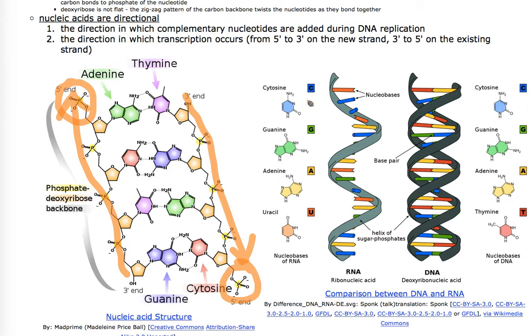The RNA molecule here is different than the DNA in that it's single-stranded, and this backbone here that's got a different color has ribose instead of deoxyribose.